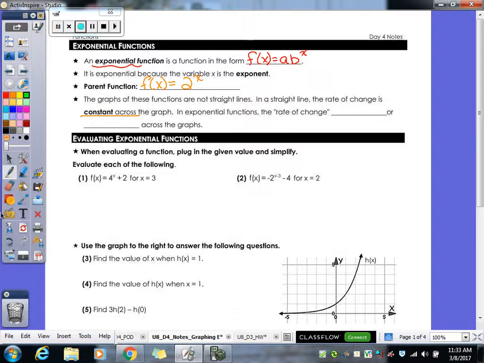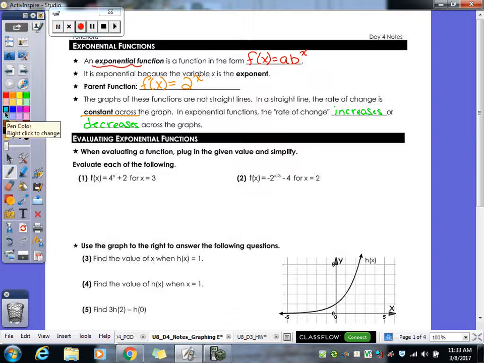Remember, your rate of change is your slope. That means it's always the same in your line. But in our exponential functions, your rate of change either increases or decreases across the graph. We'll talk about that as we go through some of our graphs.